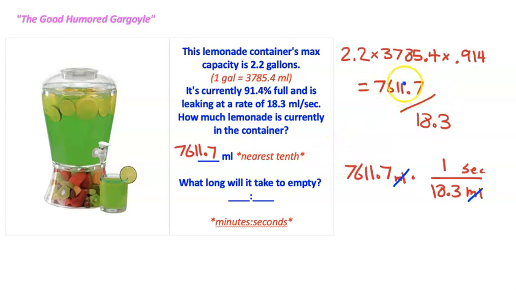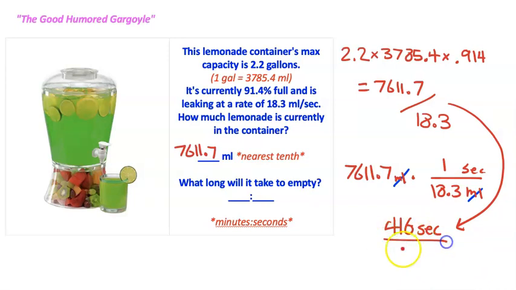If you have this many of something and you're losing this many per second, then you would just divide to find the number of seconds. When you do all of that to the nearest second, you get 416 seconds.